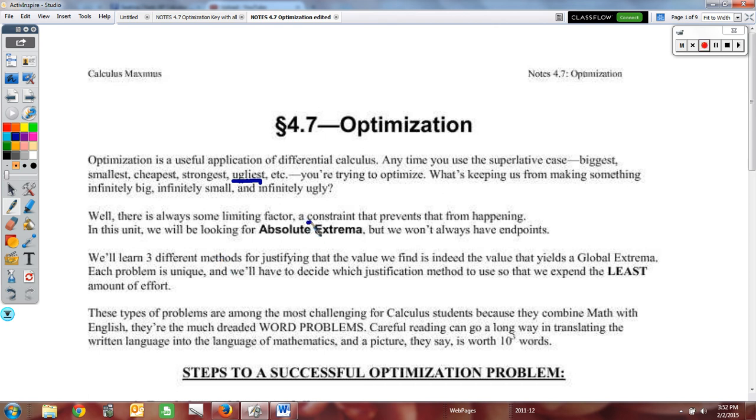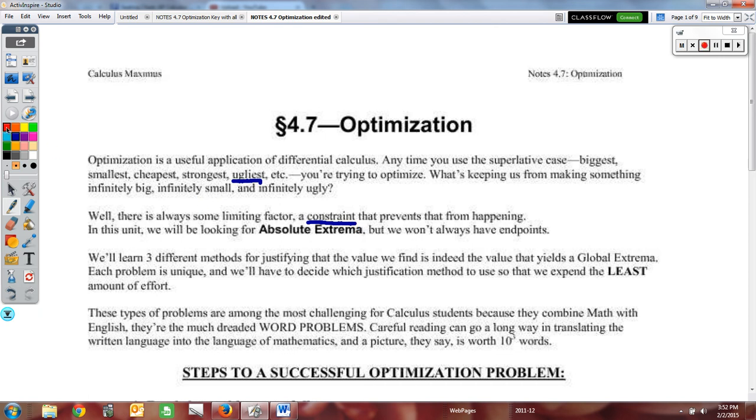In a related rate, you determined what speed you were interested in, and then you went to find other speeds that you knew. That's why it was called related rate. Now you're going to identify what quantity you want to maximize or minimize, and then you're going to find a constraint, a limiting factor that is going to constrain the quantity from growing without bound or decreasing without bound.